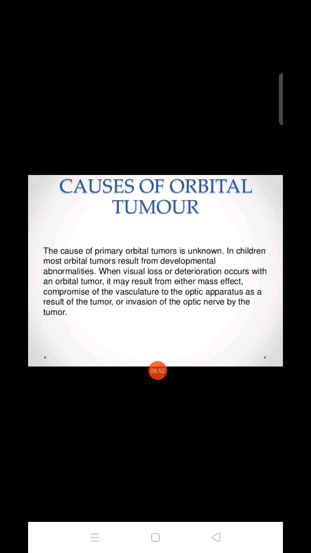When visual loss or deterioration occurs with an orbital tumor, it may result from either mass effect, compromise of vasculature to the optic apparatus as a result of the tumor, or invasion of the optic nerve by the tumor.